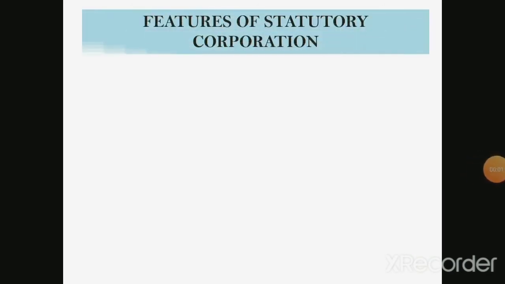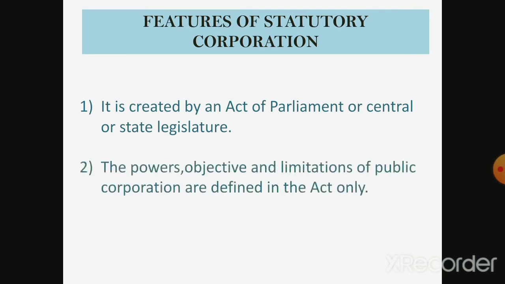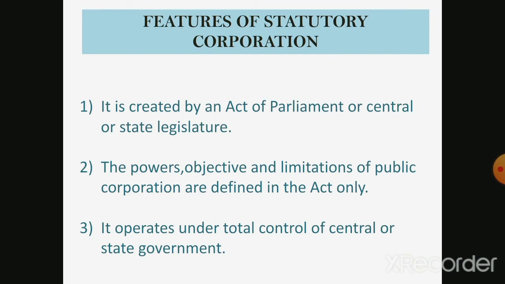So here are some features of statutory corporation. First feature is it is created by an act of parliament or central or state legislature, as we have discussed earlier. The powers, objectives, and limitation of public corporation are defined in the act only. It operates under total control of central or state government.